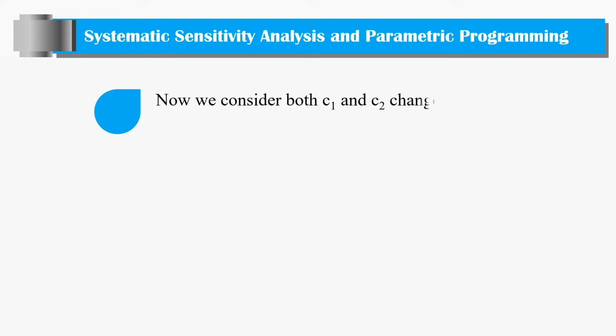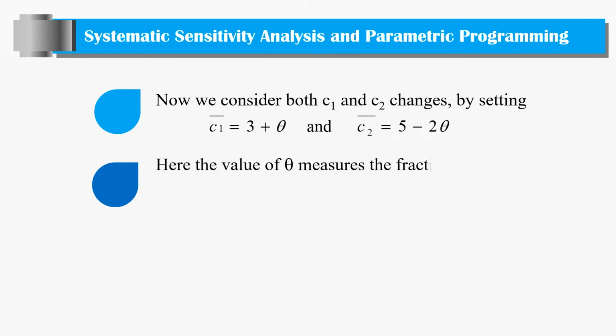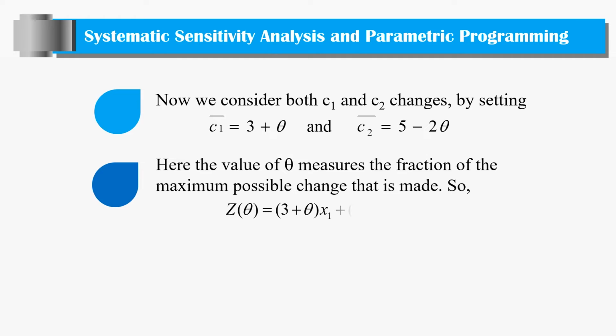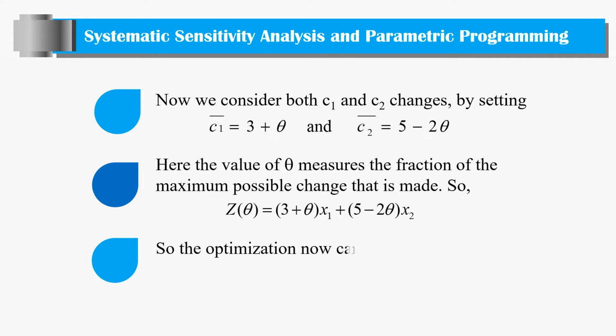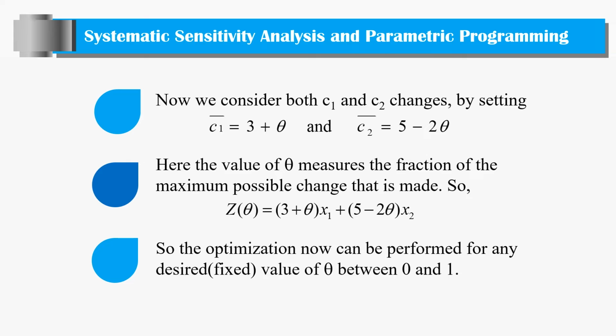In this example, suppose that we consider both C1 and C2 changes by setting C1 bar equals 3 plus theta and C2 bar equals 5 minus 2 theta. Here the value of theta measures the fraction of the maximum possible change that is made. So we have Z, the objective function, will be 3 plus theta x1 plus 5 minus 2 theta x2. So the optimization now can be performed for any desired fixed value of theta between 0 and 1.